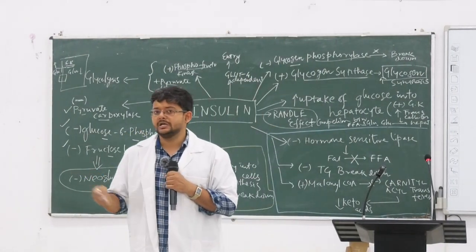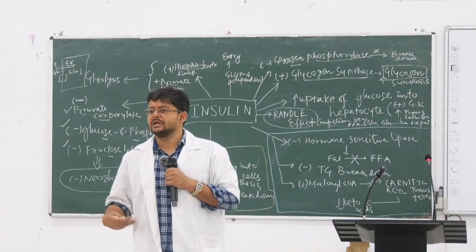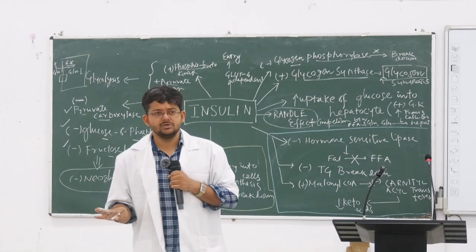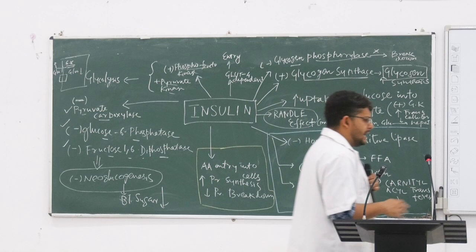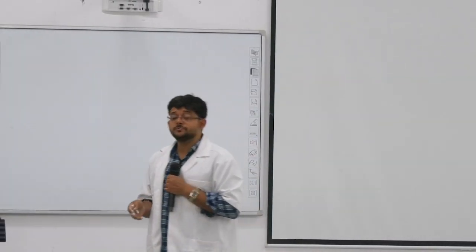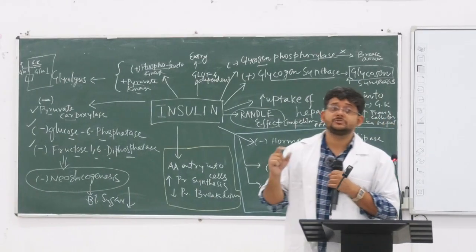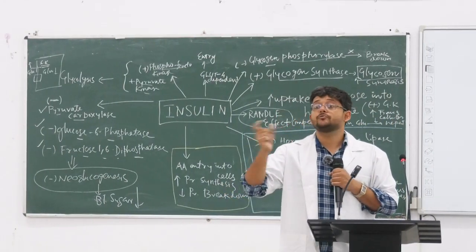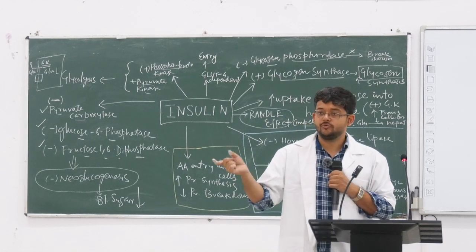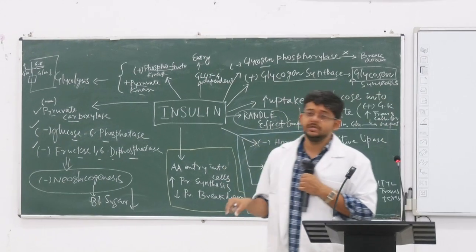GLUT2 is present in many places, we will come to that. It is also present in pancreas, in liver cell, multiple areas, and even in kidney. GLUT5 is present in the testicular area and in intestine, for fructose transport. GLUT1 is there, GLUT3 is there.